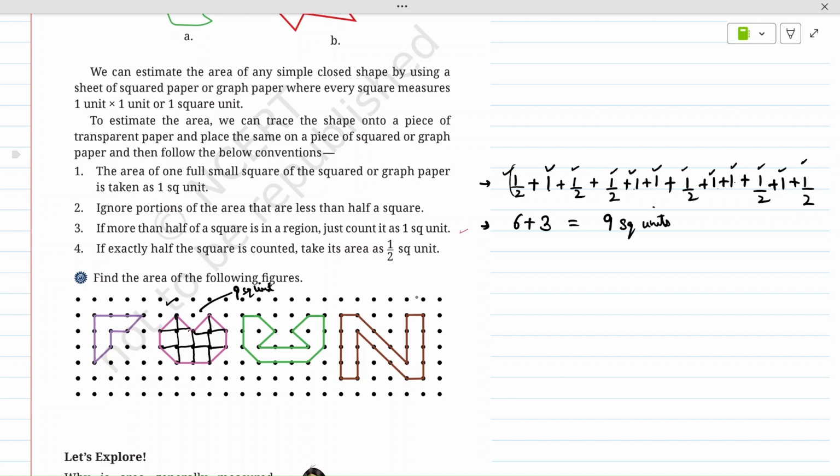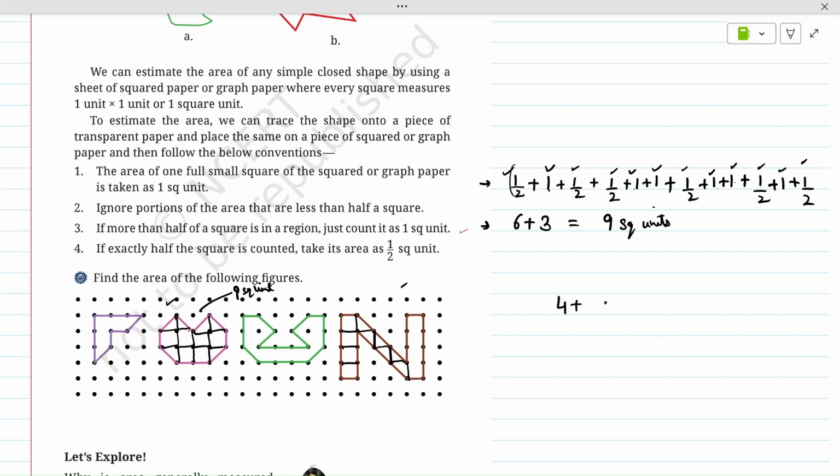Easy. Now let me also take the last one, n. This says 1, 2, 3, 4. So 4 full squares I am writing directly. And then if you see here, half, and half. 1, 2, 3, 4, 5, 6. 6 halves.